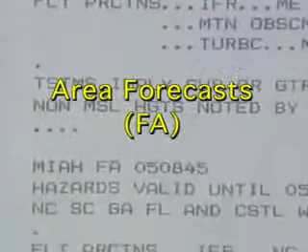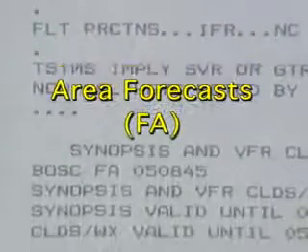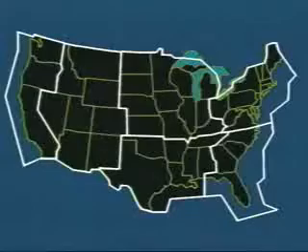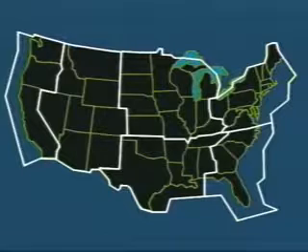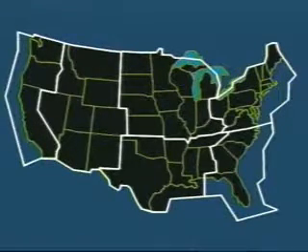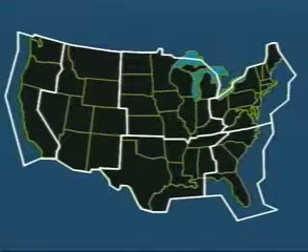Now let's look at the Area Forecast, or FA, which also provides valuable weather information. Each forecast predicts the general weather conditions over an area the size of several states. You can use it to help determine en route weather as well as probable weather conditions at airports without terminal aerodrome forecasts.